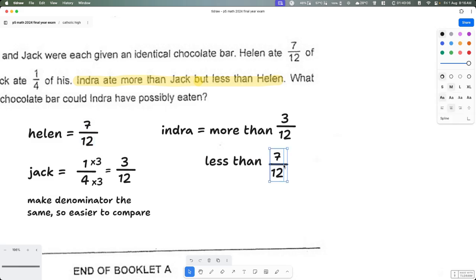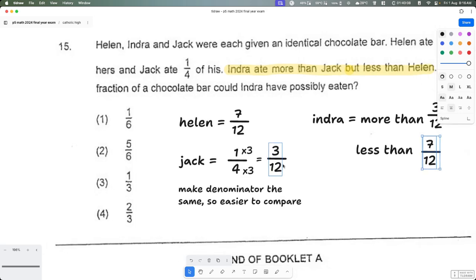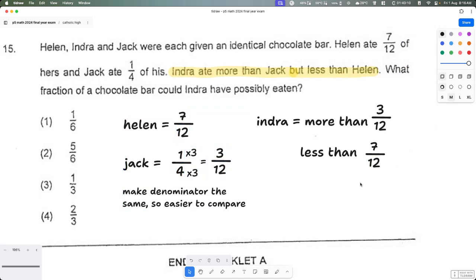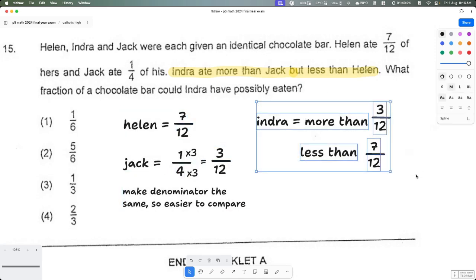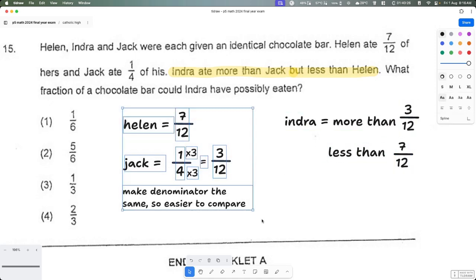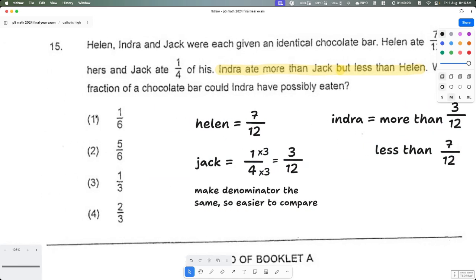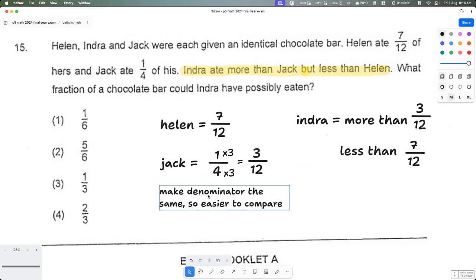So from here, we can technically see which one fits these two criteria. First we need to make all of these have the same denominator, 12, so it's easier to compare, right?